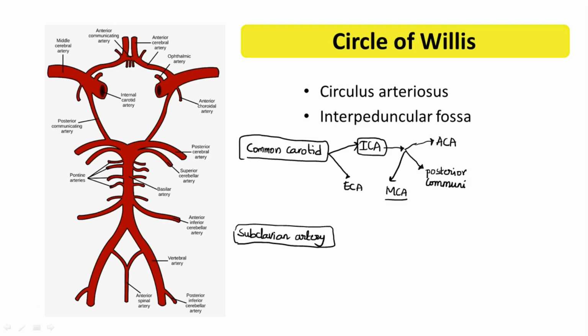You can see here, this is the internal carotid artery. From here, one branch is the ophthalmic artery, which is not important for our discussion. The second branch is the posterior communicating artery.